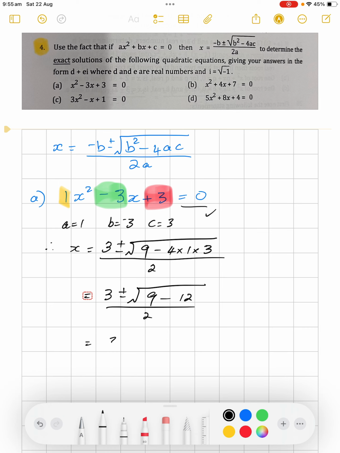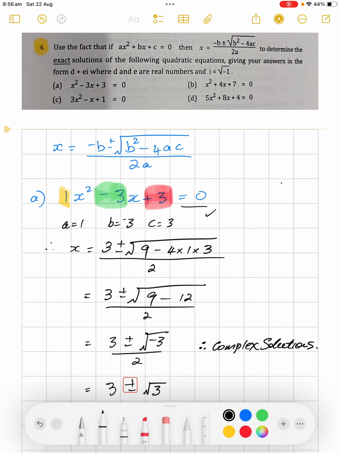So it is 3 plus and minus the square root of negative 3, over 2. Because we get a negative, we've got complex solutions. No real solutions.